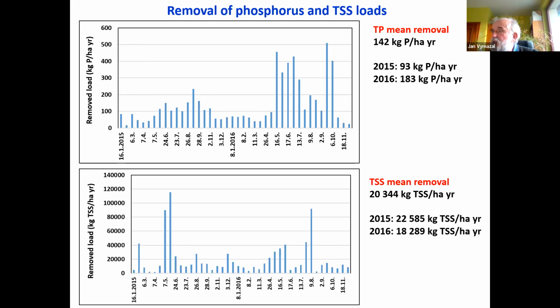Also, the reports from Sweden, they report between 20 and 30 tons of suspended solids retained in the constructed wetlands, or in this case, vegetated ditches. So this is really very, very high retention of suspended solids.